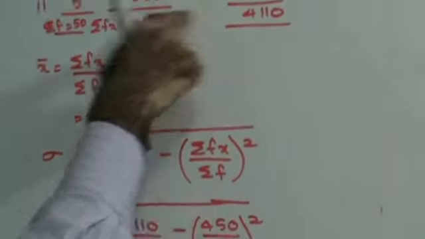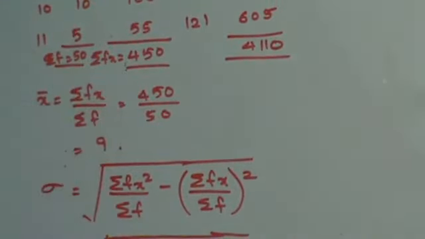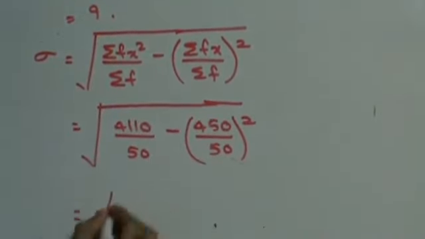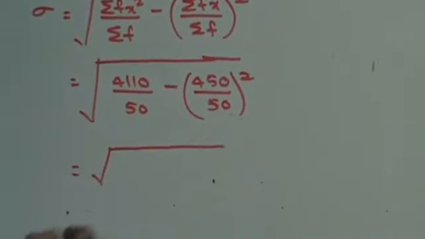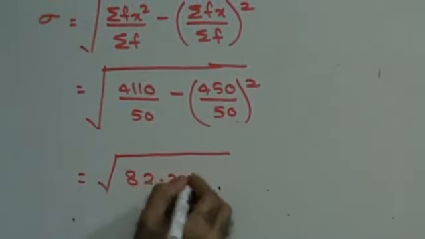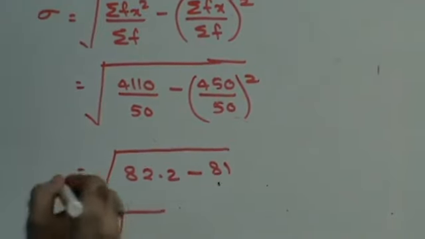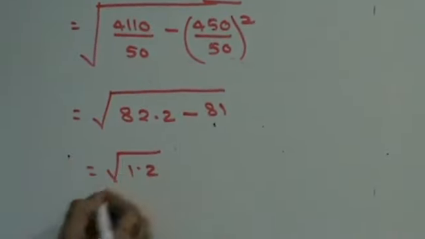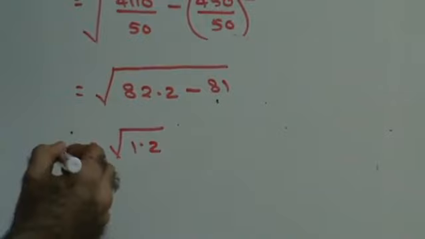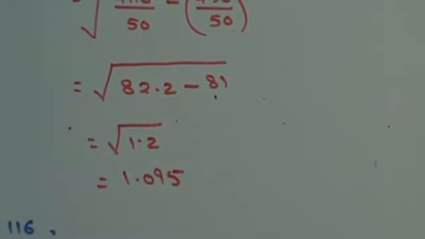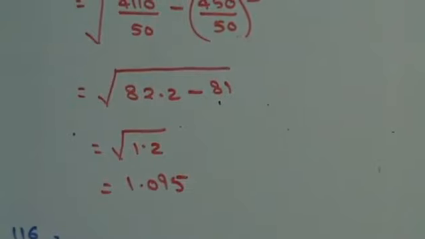This is sigma fx square, this is sigma fx, this is sigma f. Now when you divide this, this is going to give you square root of, when you do this on calci, 82.2 minus 81. So this is square root of 1.2, which is going to be 1.095. That's how you find out standard deviation when data which has been classified is given to you.